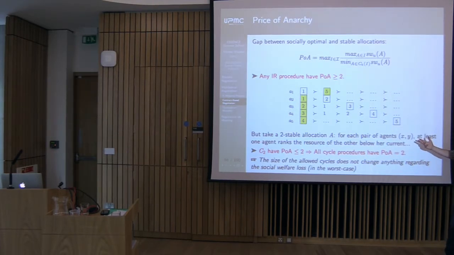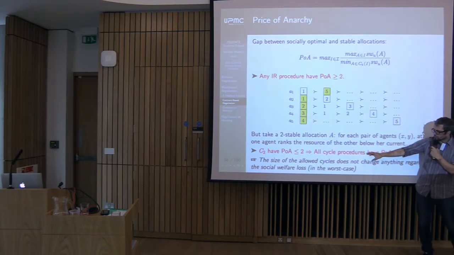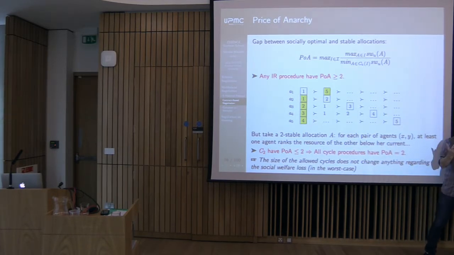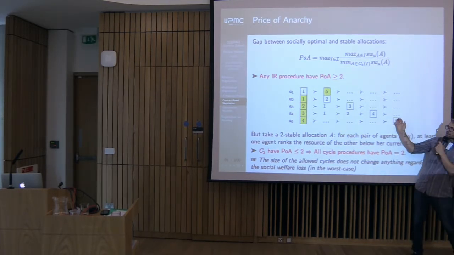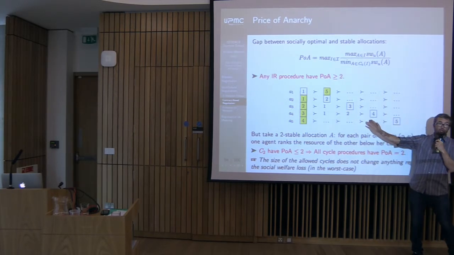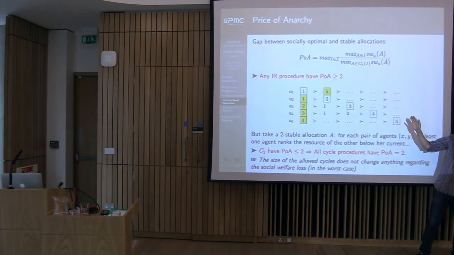So to put it differently, and this is the same for all the protocols that would involve these deals among agents, these contracts among agents. So again, what does it mean? It means that I am guaranteed to be at least at a ratio of 2. So if the optimal is 10, if I use this protocol, then I'm guaranteed that I will get at least 5.